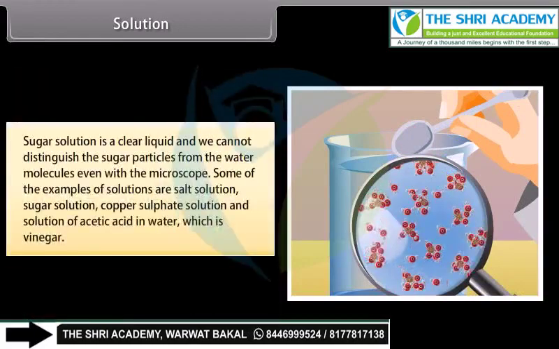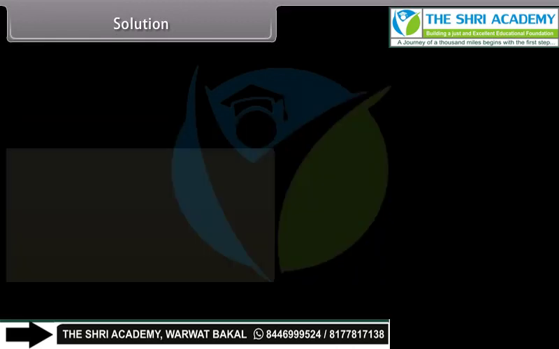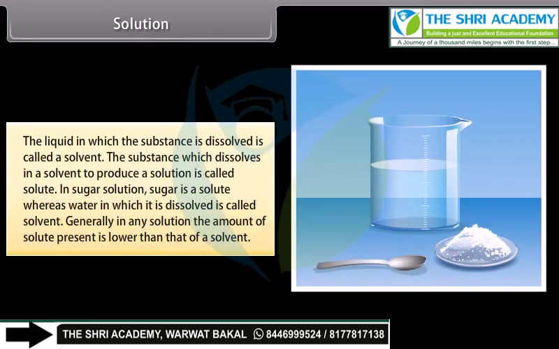Sugar solution is a clear liquid, and we cannot distinguish the sugar particles from the water molecules even with the microscope. Some of the examples of solutions are salt solution, sugar solution, copper sulfate solution, and solution of acetic acid in water, which is vinegar. The liquid in which the substance is dissolved is called a solvent.